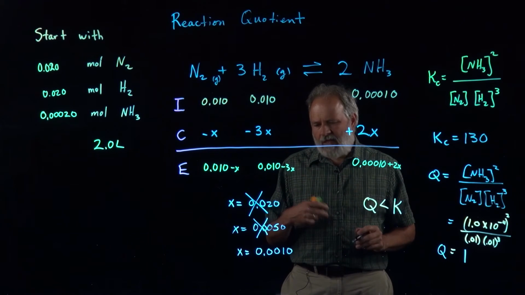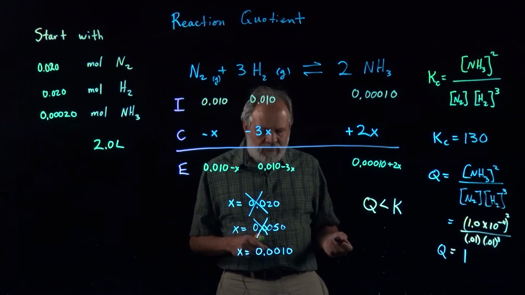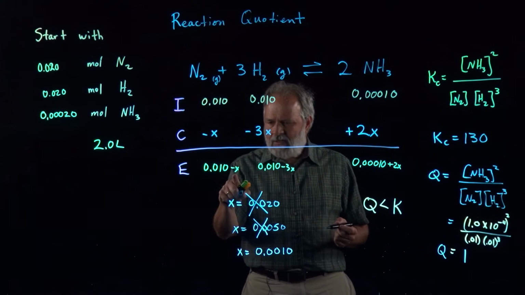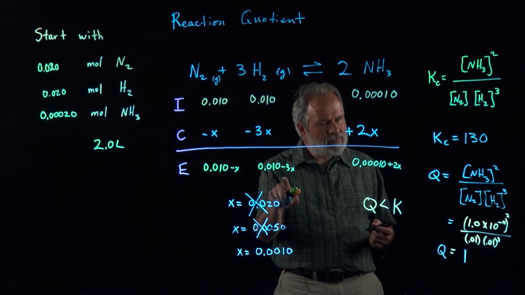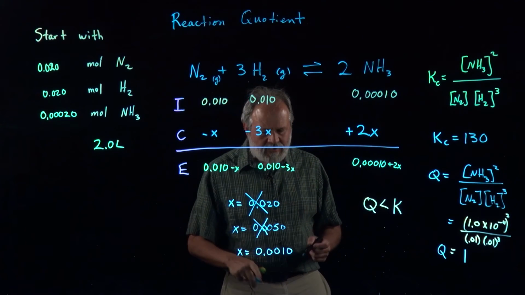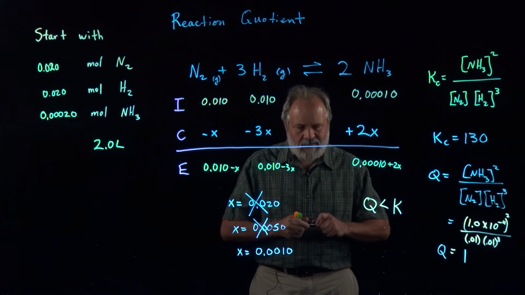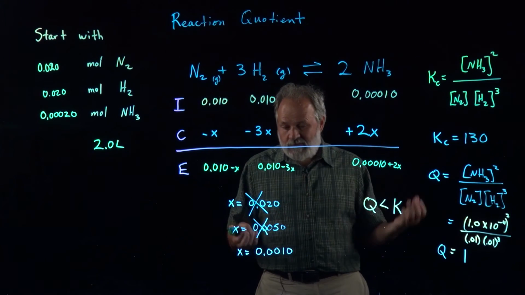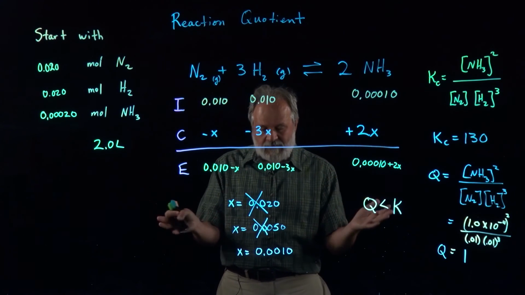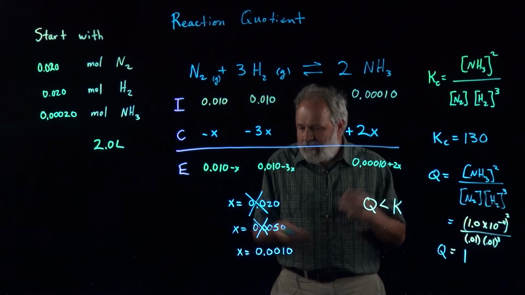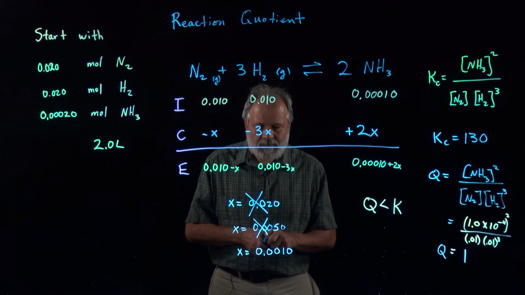Let's say x happens to be, one of the 4 roots happens to be 0.001. That will be 0.009, and that will be 0.007. Both positive numbers. That would be okay if that was one of the solutions. And if you're given 4 solutions and this one gives all 3 positive numbers, you don't even have to look at the 4th one. Okay? The 4th one might be a negative number of some sort.